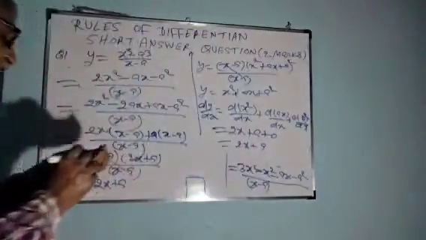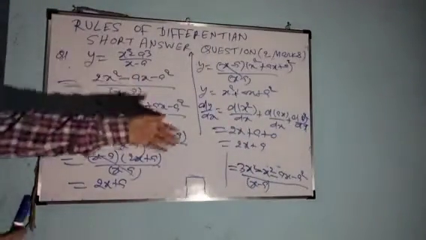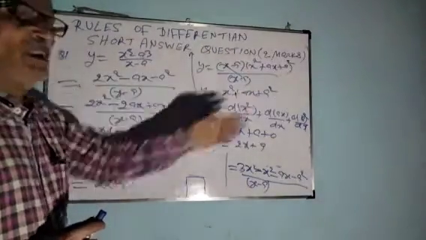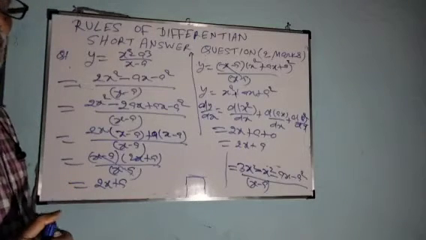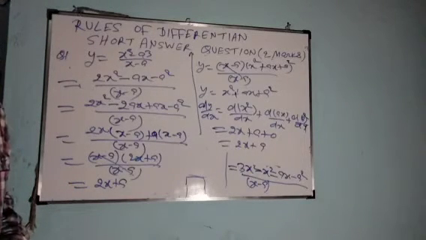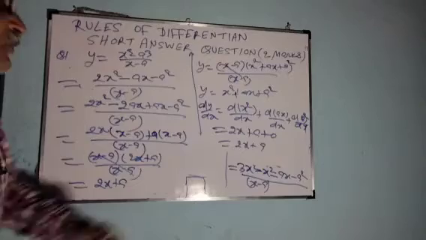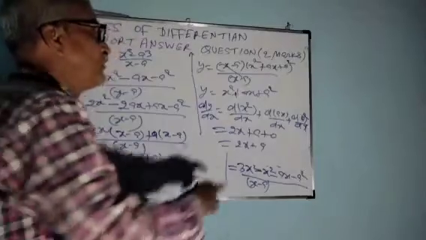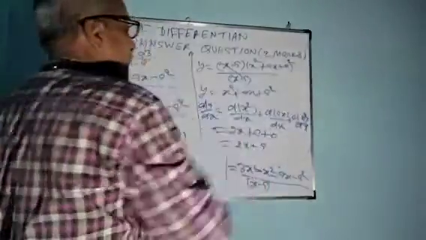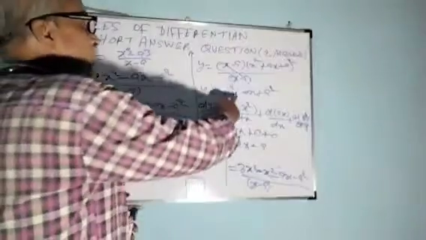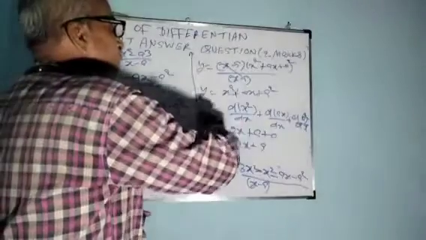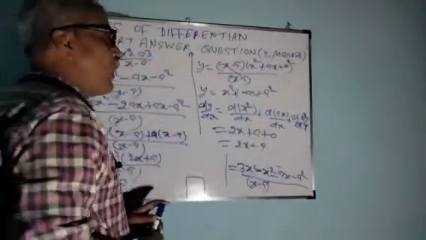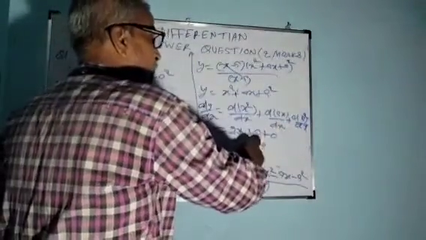We also obtain the DC of the function by first simplifying the function. Then the function becomes x square plus ax plus a square, and we obtain the DC of the combination of functions. As we know, DC of a constant term is 0, and DC of a constant times a function is the constant times the DC of the function; DC of x is 1.